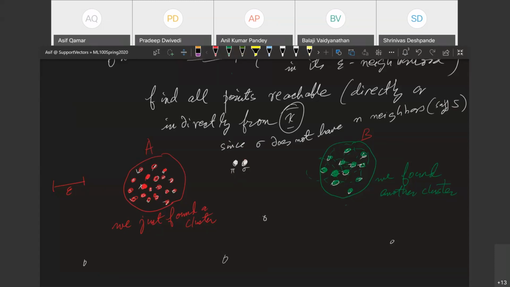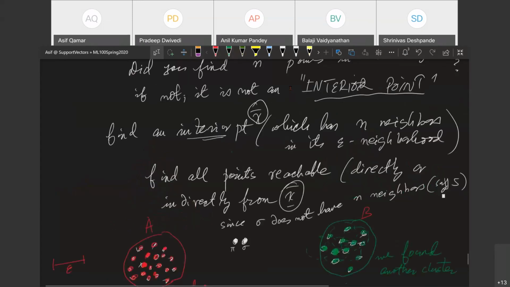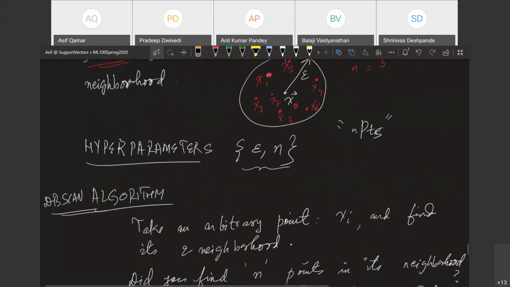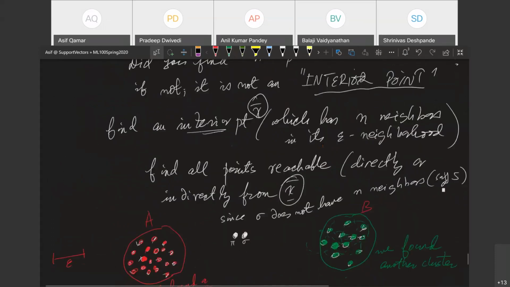Now, the problem with this algorithm: DBSCAN was widely successful, but the main problem it has is the hyperparameters. Based on the hyperparameters epsilon and n, the clustering is very sensitive to them. For example, if the number of neighbors is 2, then these two outlier points that we talked about, pi and rho, will become a cluster.